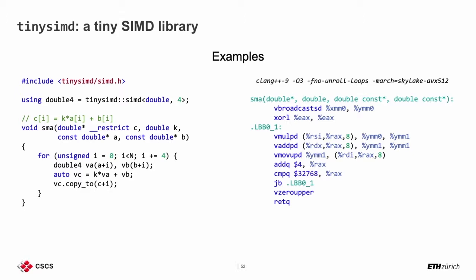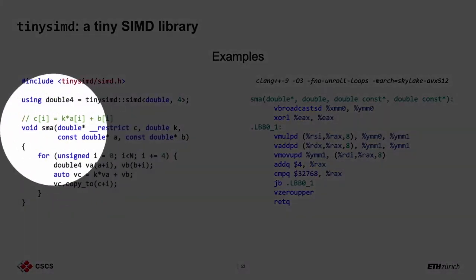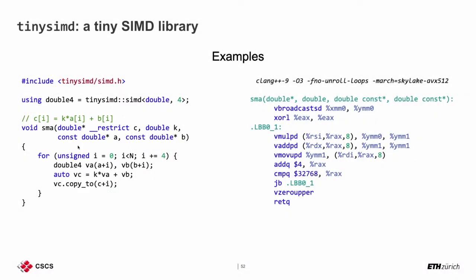The original example that we came up with was this scalar multiply and then add another array example, this SMA: C[i] is K times A[i] plus B[i]. In our vectorized code, I left out a big N. You have to assume that N is defined to be 32768. It's just a big number, a power of 2.